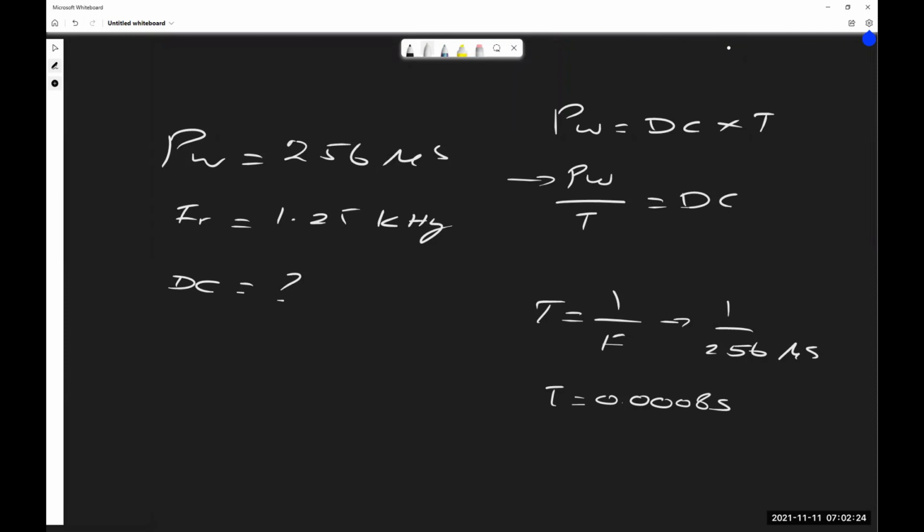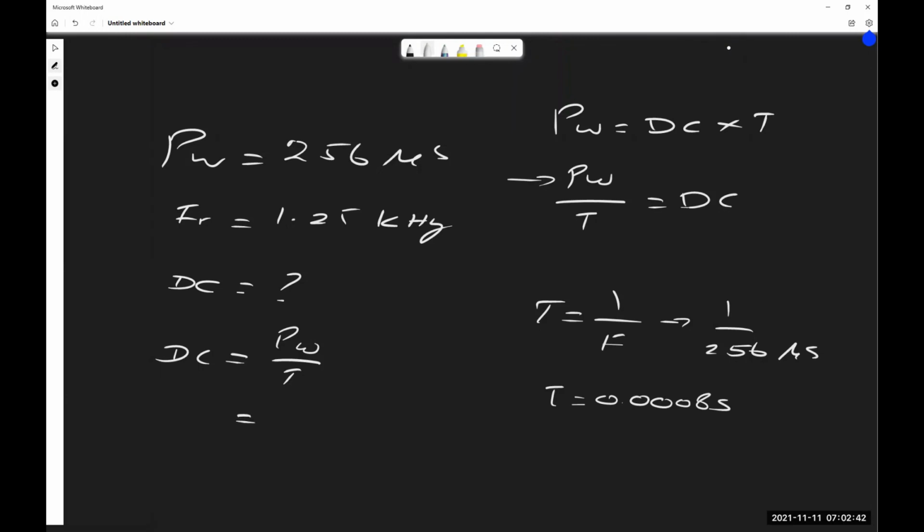Now that we know the time, we can apply it here. Duty cycle is equal to pulse width divided by time. Again, remember duty cycle is a percentage.